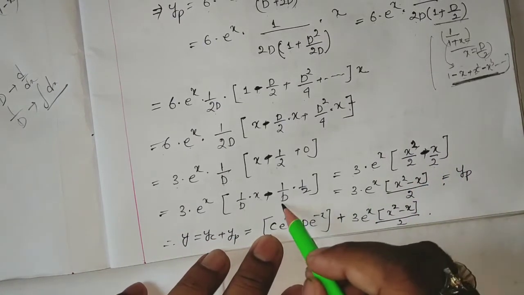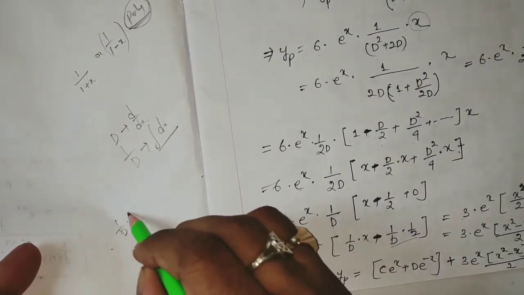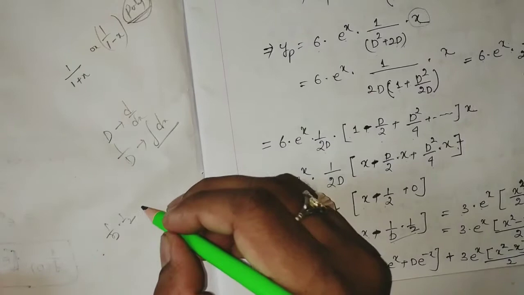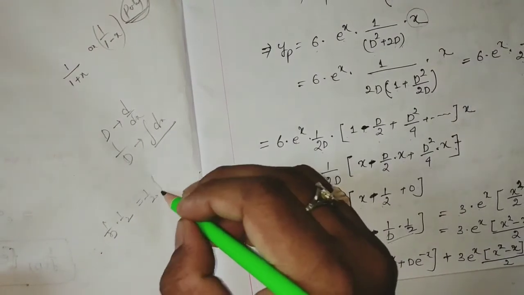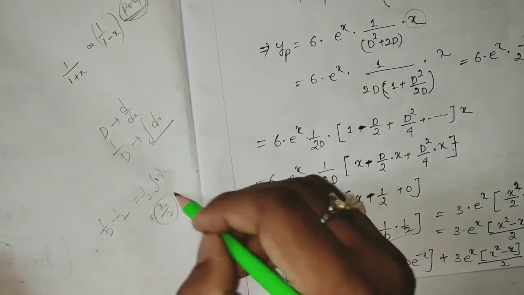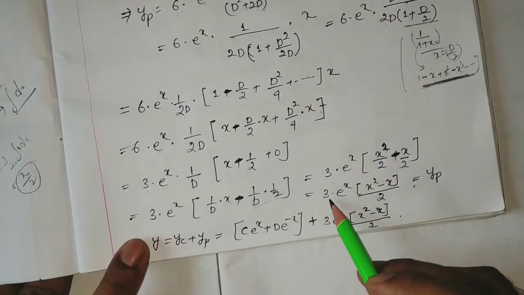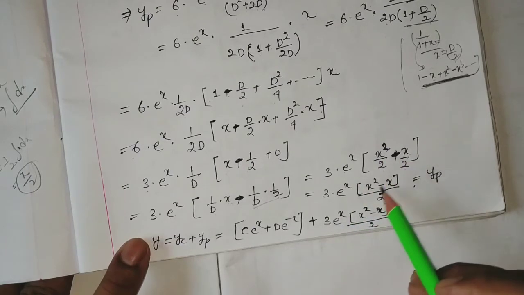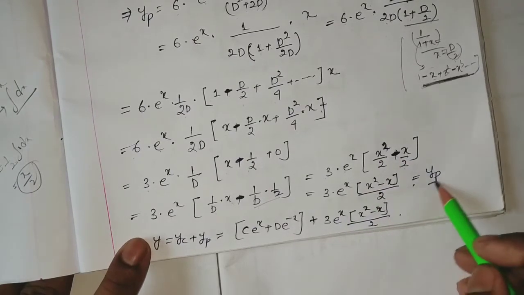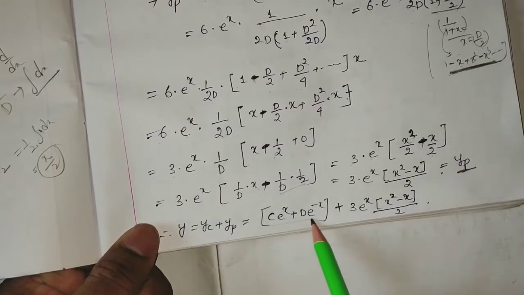See, 1 by d into 1 by 2: 1 by 2 is taken outside, integration of 1 means x by 2, so x by 2. So here we found 3 e to the x, (x square by 2 minus x by 2), that is your yp. yc we have already evaluated, so y equals yc plus yp. yc value is this one, yp value is this one.